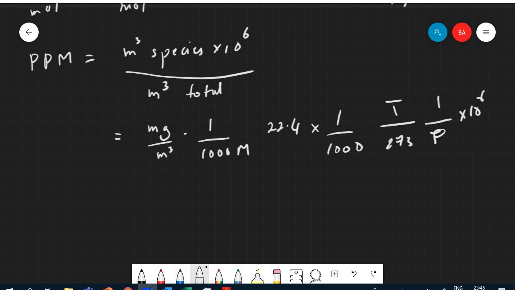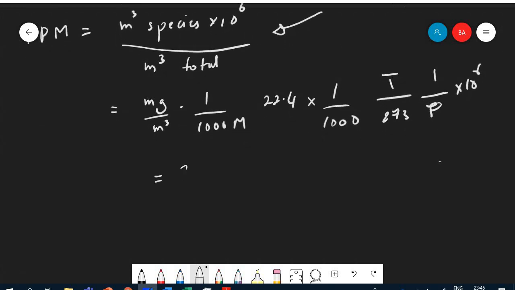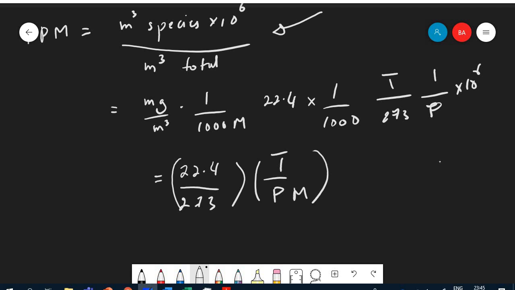Beautiful. So all we have done is that we substituted here, and after that we are getting these equations, and simply you're going to get your equation 22.4 over 273 into T over the pressure into the molecular weight, and that will be in milligram per meter cube.